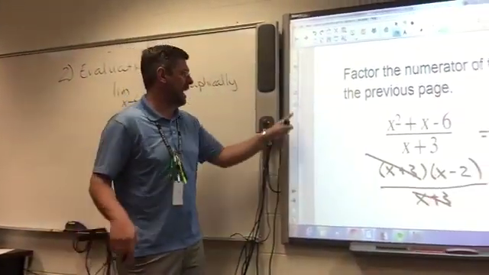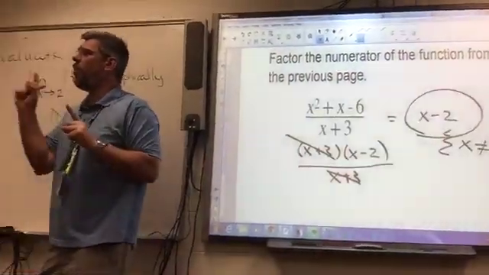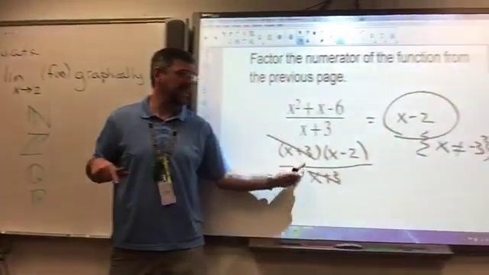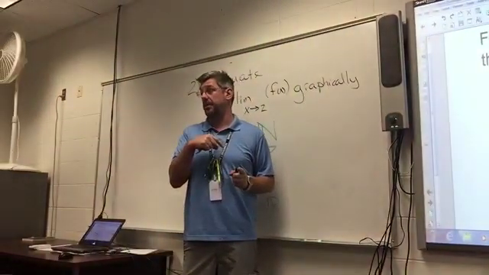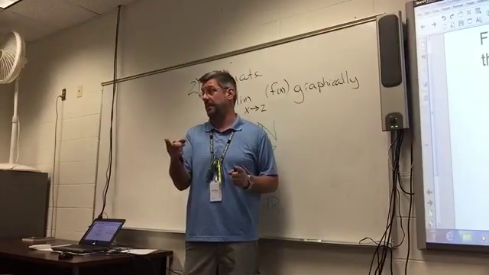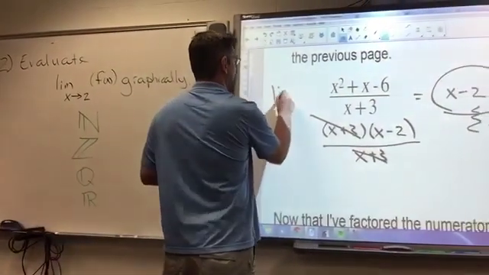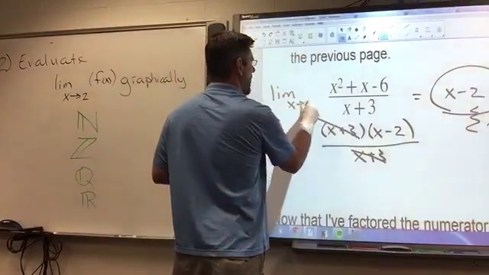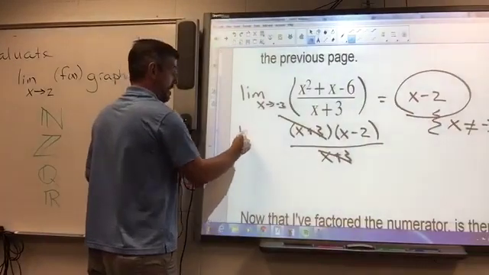But I'm not done yet. Now I got x minus 2. What was the point of eliminating these factors? Now can I use direct substitution to evaluate the limit? So what do I do to evaluate the limit as x approaches -3 of this hot mess? And it's the same right here, right?